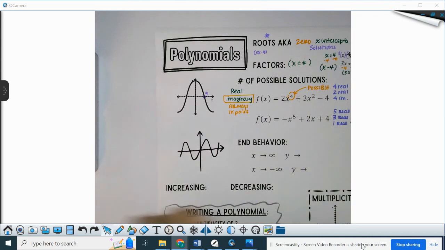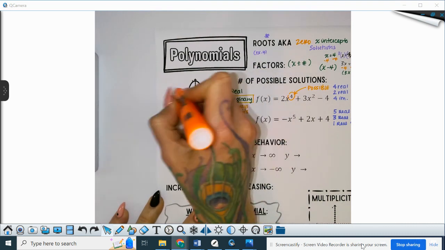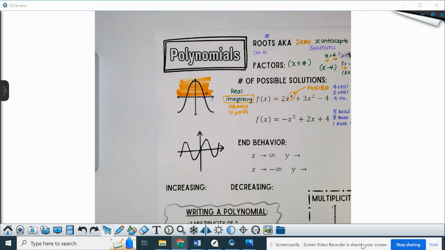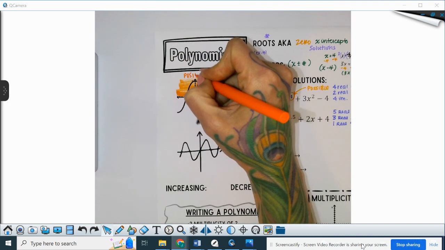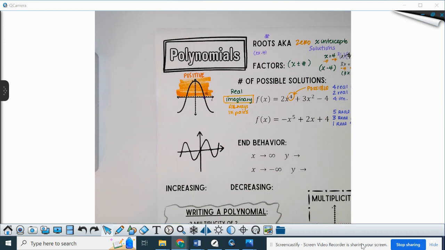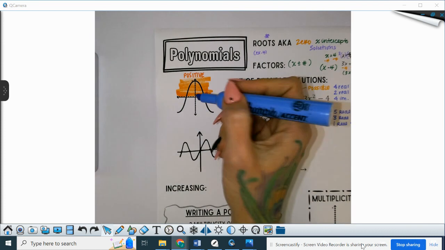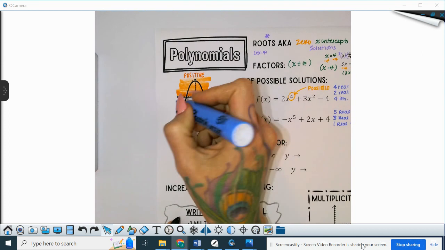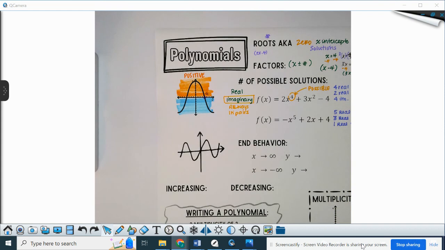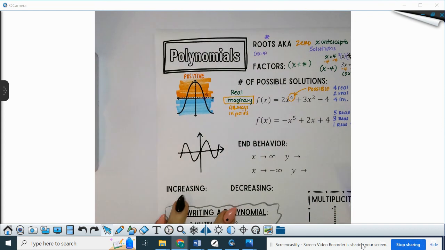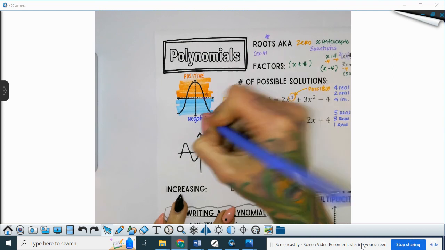So we're going to discuss something I remember lots of people calling out to be a little more difficult than we had hoped. Above the x-axis is our positive domains. So this is when the graph is positive versus going below the x-axis, which is negative.